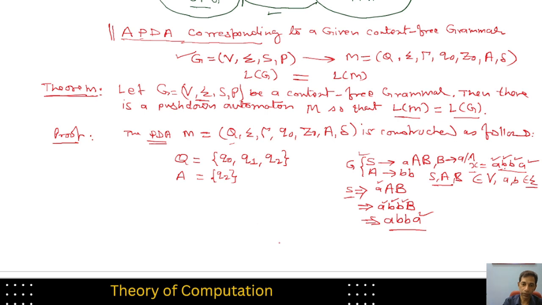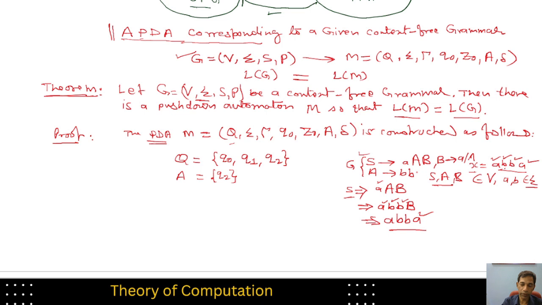The stack is the memory in the PDA, and you have to store the non-terminals, so that once a non-terminal is at the top of the stack, you replace it with the corresponding production rules.